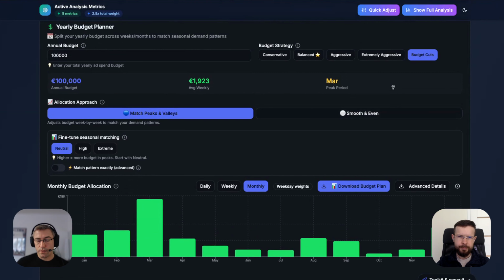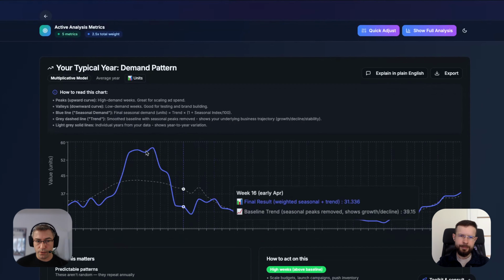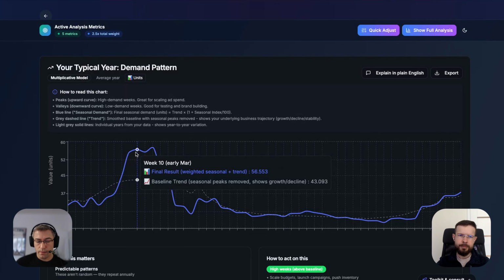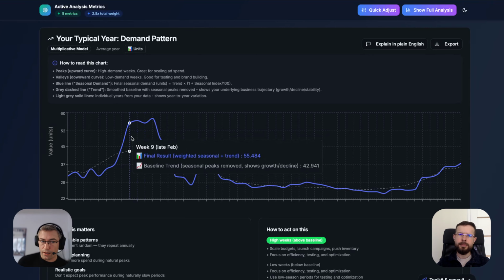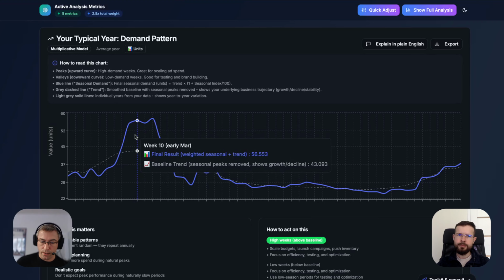It's because you want to capture the demand that is the highest for your category of products, and you want to push the budget into the right weeks, because the reality is that the cost per click, cost per action, cost per conversion is lower during that period of time. And the competitors aren't that fluent in adjusting the budgets to the demand, because they keep it more flat, more conservative.